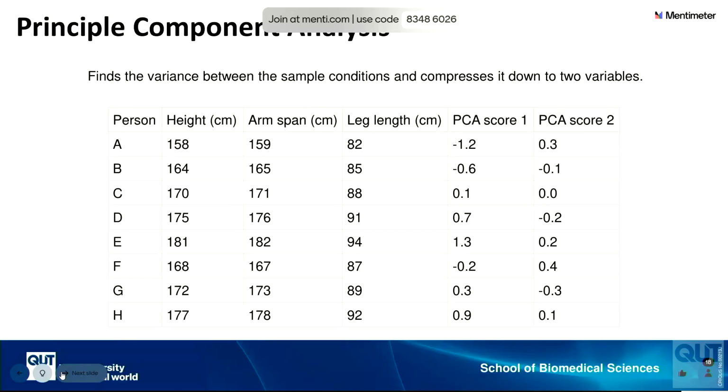What the principal component analysis does is it looks for the variation between column 1, column 2, column 3, all the way down, and it finds out which columns have the most variance, and it squishes those down into a principal component 1 and a principal component 2. So the higher or the lower a principal component is, the more variation that sample has across all its data.